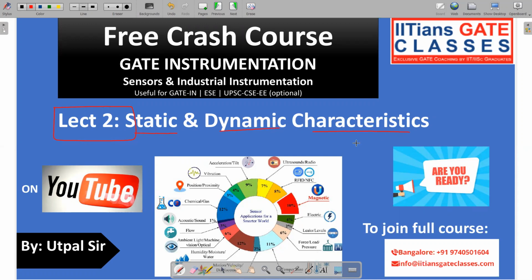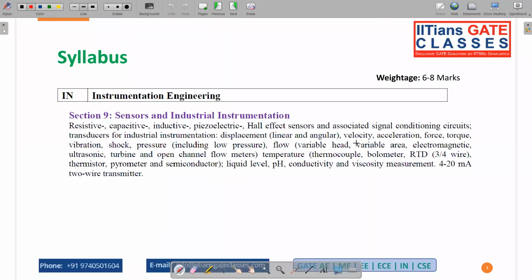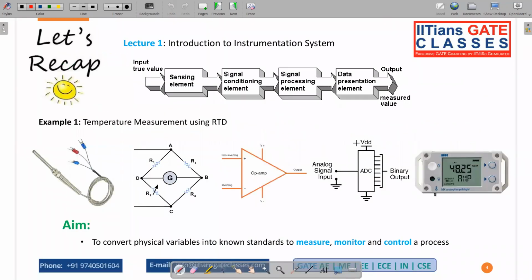Before we study the second lecture, let's recall what we studied in the last lecture. In the last lecture, we started with the introduction, where we saw a few examples of sensors.